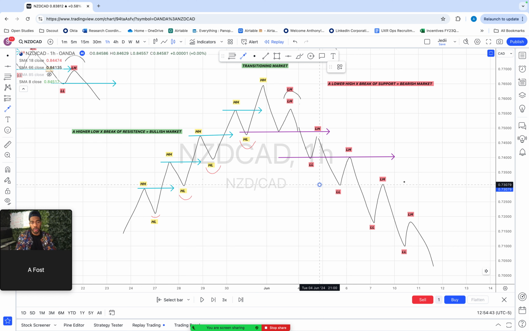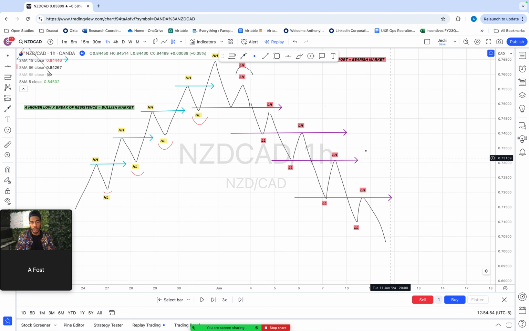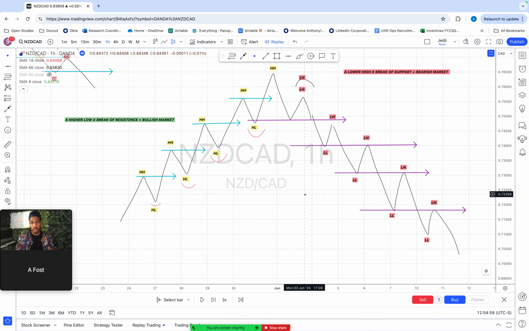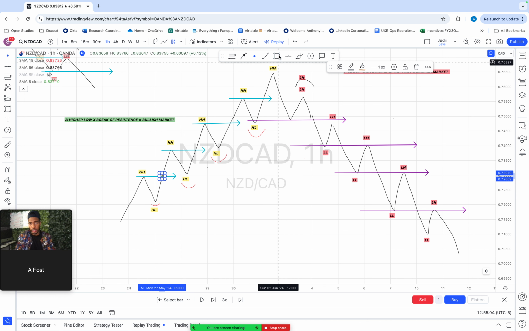Break of the support, continue bearish market. Break of support, continue bearish market, okay? So again, you can screenshot this if you'd like. I'm just going to identify the areas that were broken.